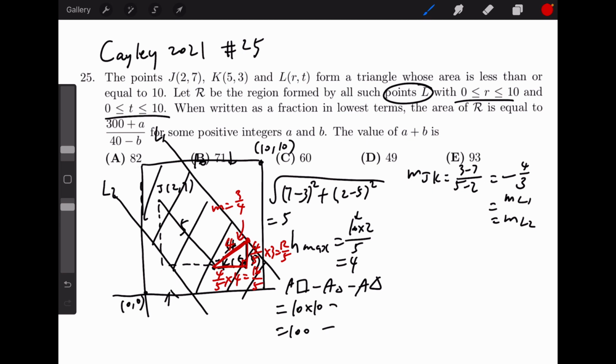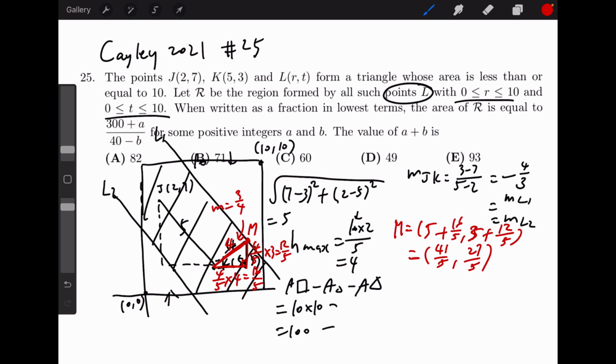Let's say this point is called M. The coordinates of point M would be 5 plus 16 over 5, and 3 plus 12 over 5, which gives us 41 over 5 and 27 over 5.